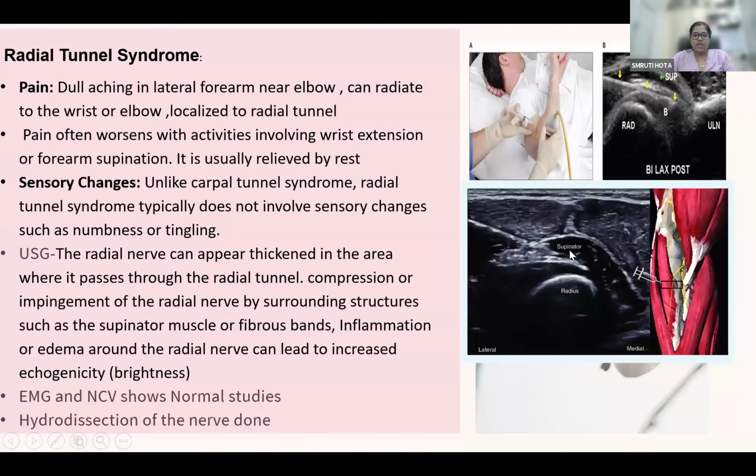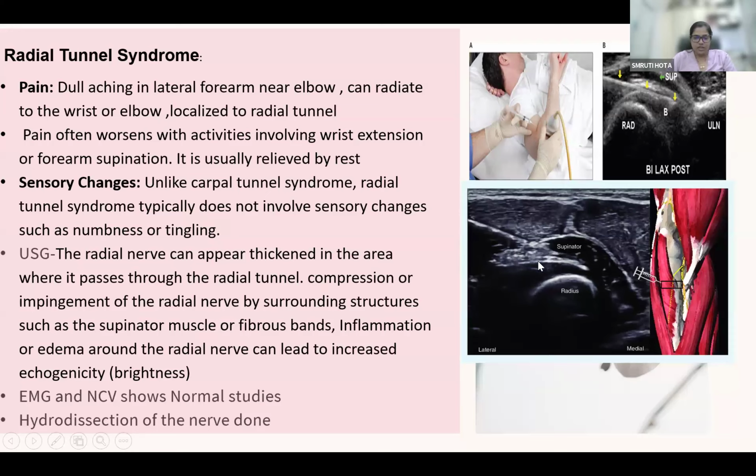But once you see in the ultrasound, you see the elbow in the semi-prone position, just distal to the elbow joint, you can see how they have put the probe. You can see the radius and between the two heads of supinator, this is the nerve, and how you can hydrodissect. You see the radial nerve.